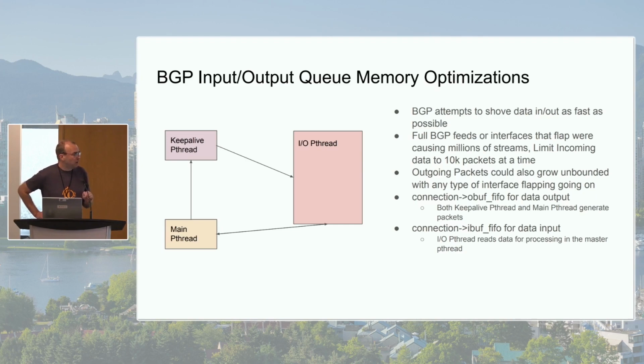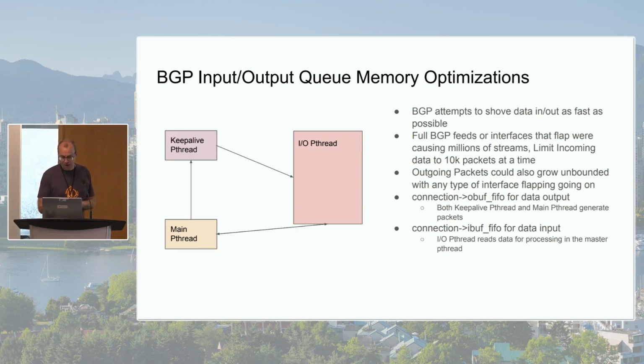Now, one of the problems that can happen in a network is that you have an interface flap and a BGP peering is going up and down. What ends up happening is that we ended up having hundreds of thousands, millions of stream data being stored for passing to our neighbors that we just haven't had a chance to send yet, because the TCP stream is slower than the speed that we can generate data.